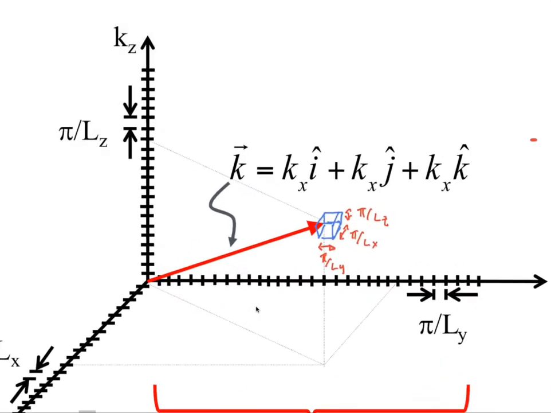So you have this cuboid, which is the smallest cuboid that you can define in this space given this discretization. And we can readily find the volume of this by multiplying the length of the three sides.